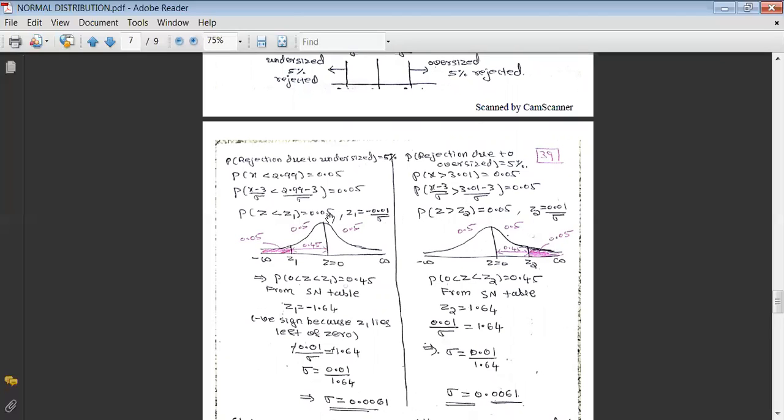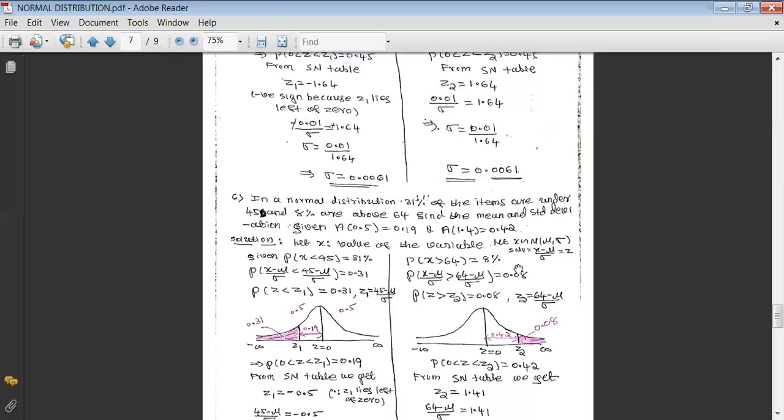But here it is not 0.5, it is 0.05, which means Z1 has to be still to the left of 0. That's why we have taken it here. In the same fashion, if I take Z1 here and Z2 here, above that I'll get 0.5, but it's not 0.5, it is 0.05. That's why Z1 and Z2 have to be shifted to the right of 0. So choosing that value is very, very important.